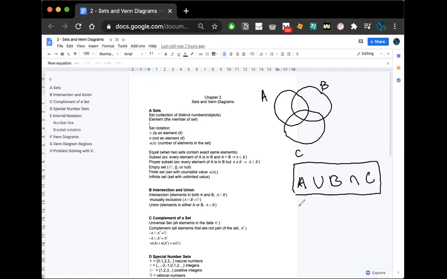Yeah. So let's just assume that it's A union B, like this, with this bracket. So you start working on this part first. So A union B is here. Okay, I'm just gonna draw a tiny one here. A, B, C. A union B would be this.